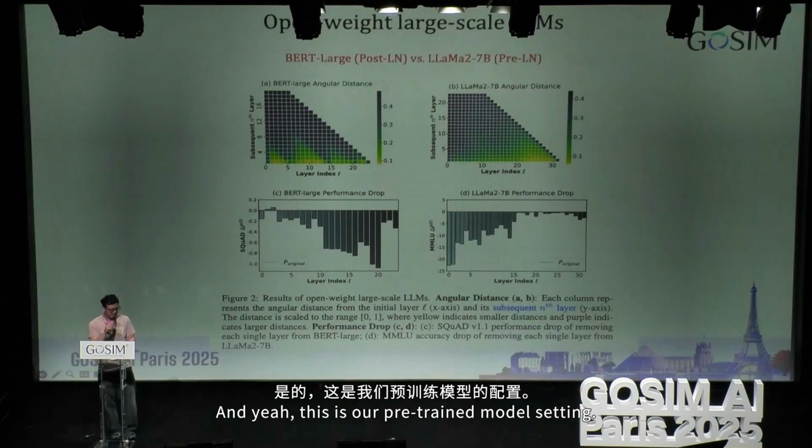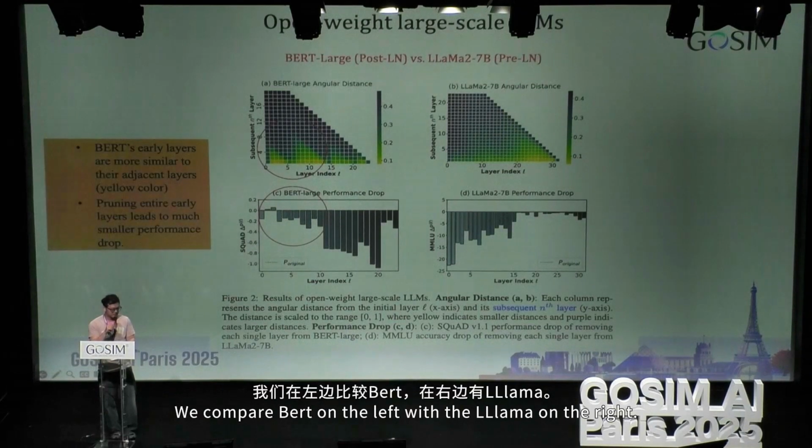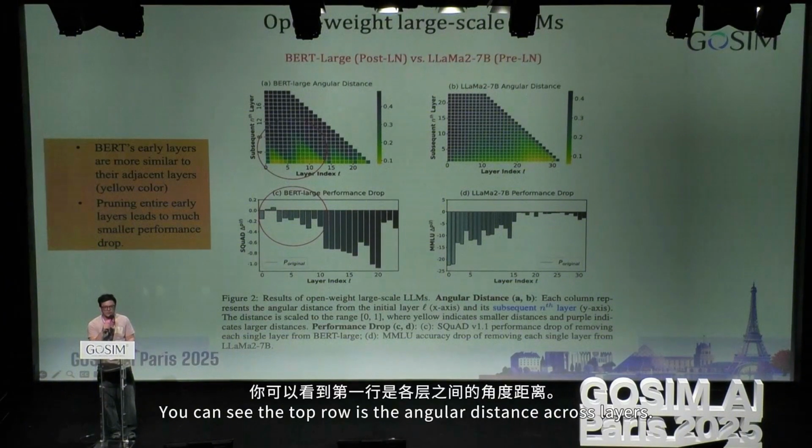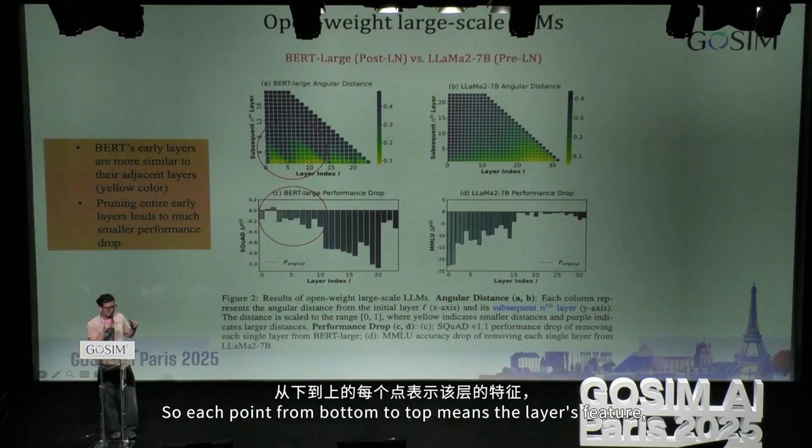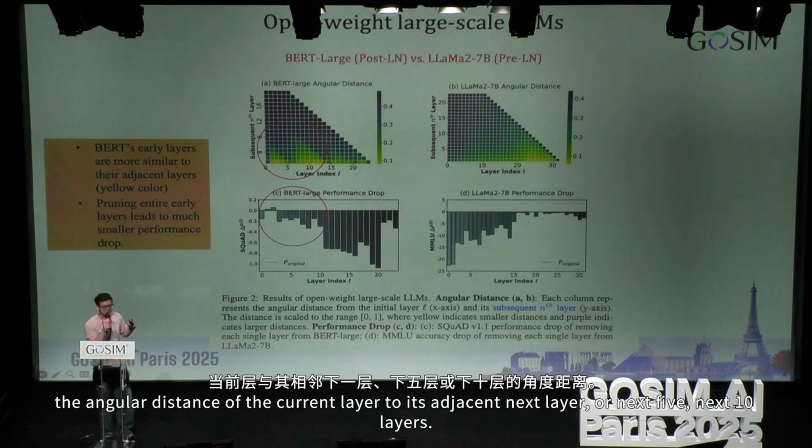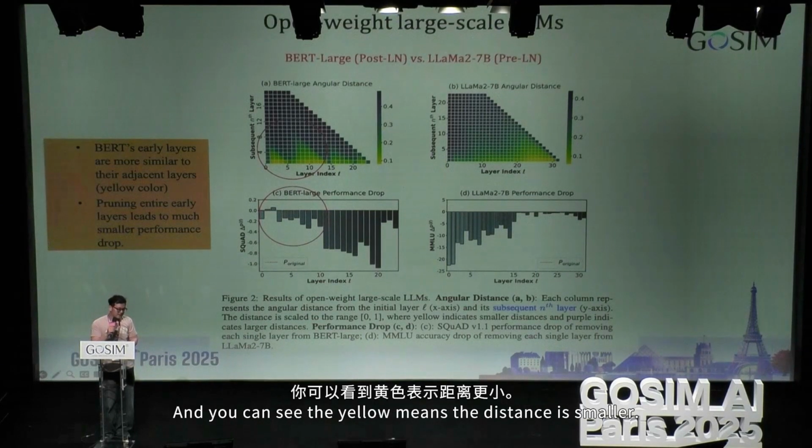And yeah, this is our pre-trained model setting. We compare BERT on the left with Llama on the right. You can see the top row is the angular distance across layers. Each point from bottom to top means the angular distance of the current layer's features to its adjacent next layer, or the next 5, next 10 layers. And you can see the yellow means the distance is smaller.